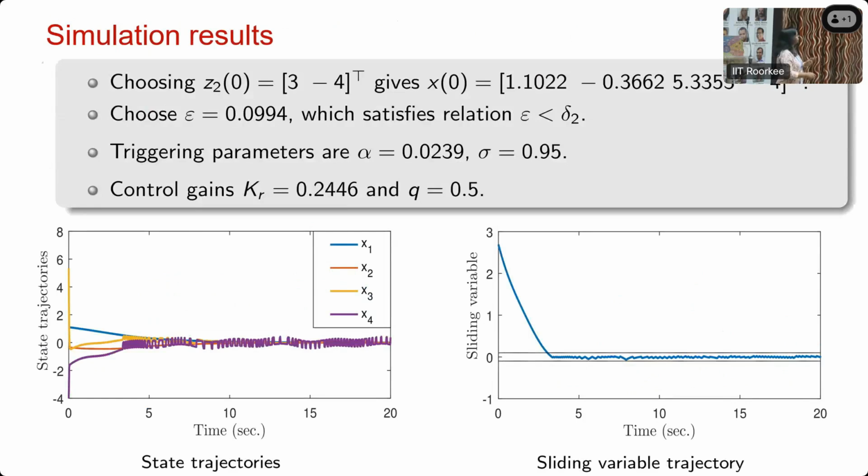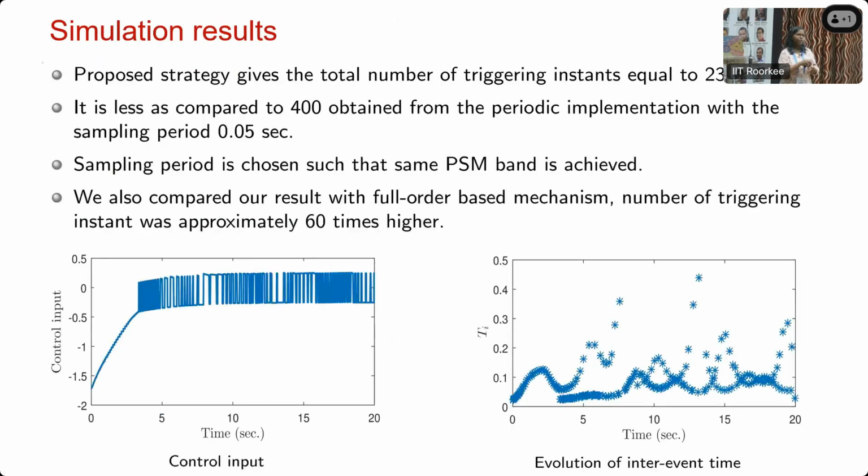By using this 0.05 second, we were finding the control instance 400 times more in the case of periodic implementation as compared to the event-triggered implementation. So we say that we are able to reduce the calculation of control using the event-triggered implementation as compared to the periodic implementation.